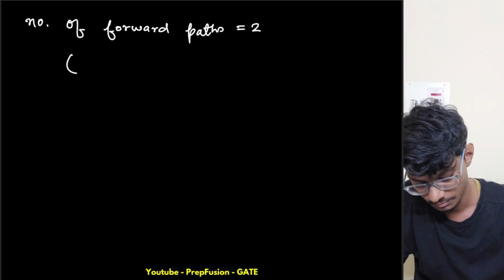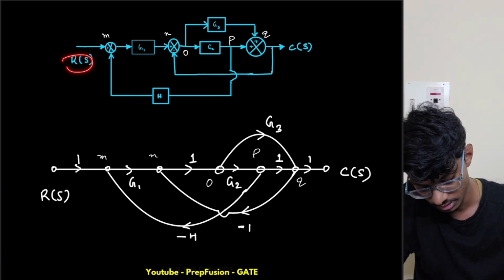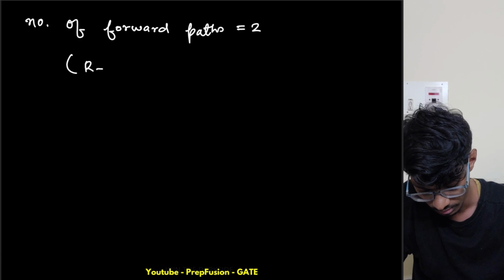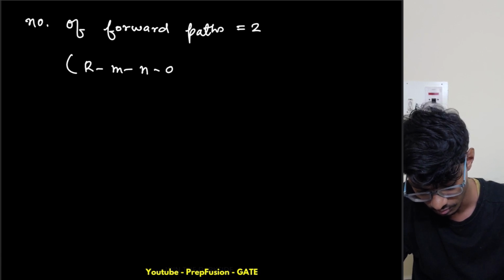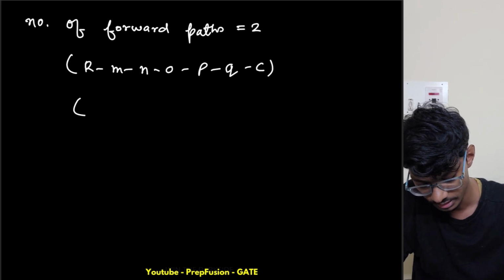So what is the first one? R M N O P Q C. What is the other one?